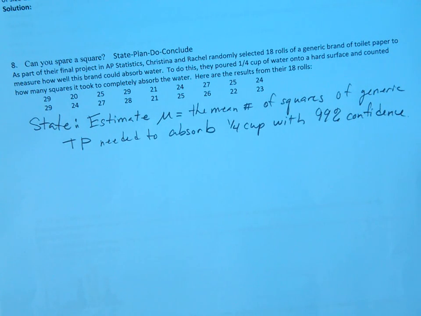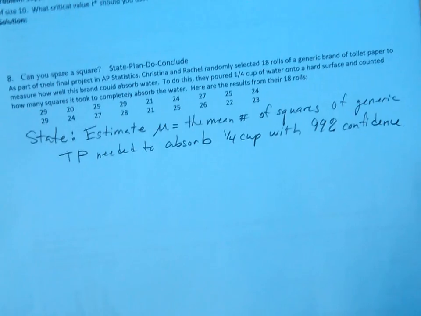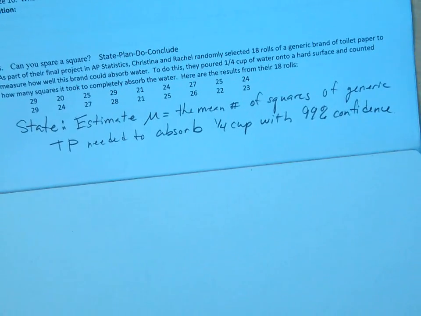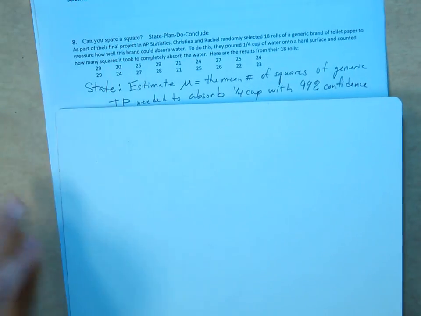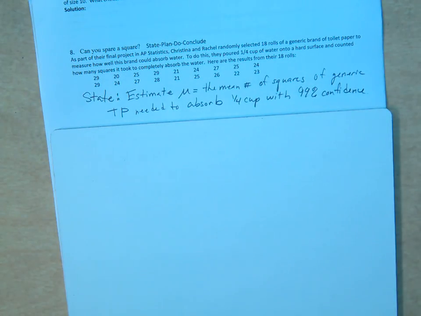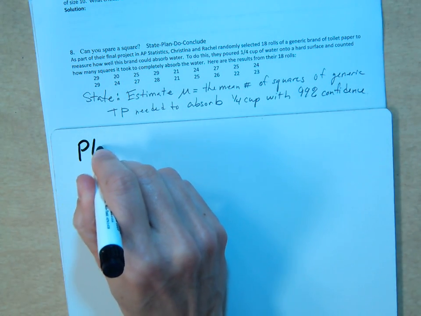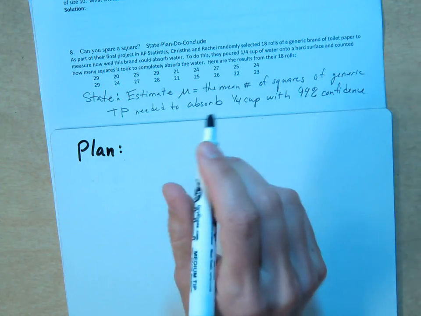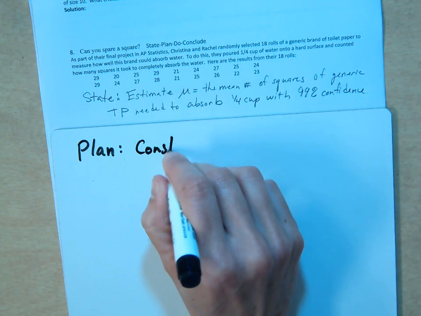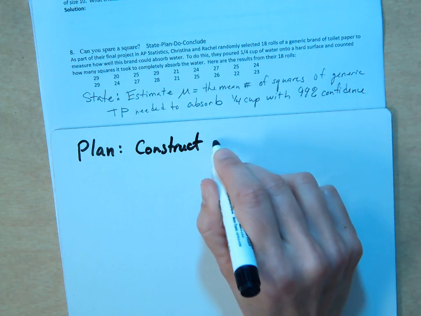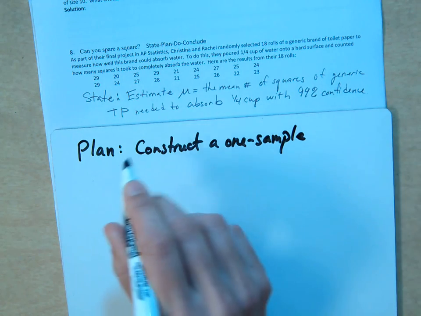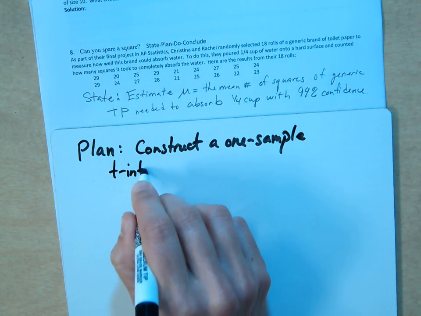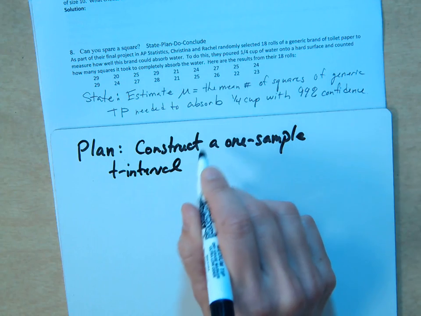Okay, so now the plan is to construct a 1 sample T interval, provided our 3 conditions are met.